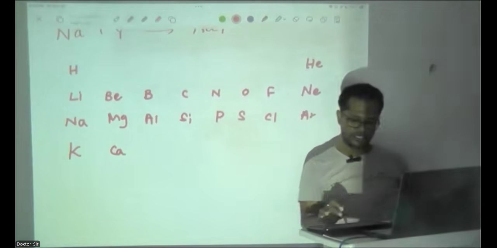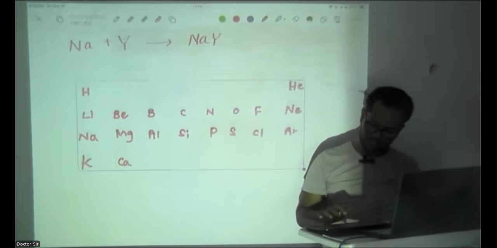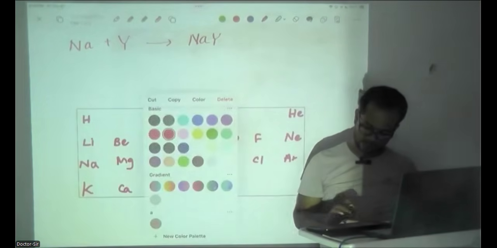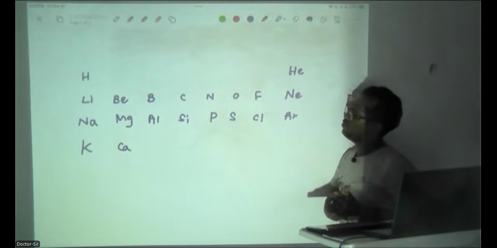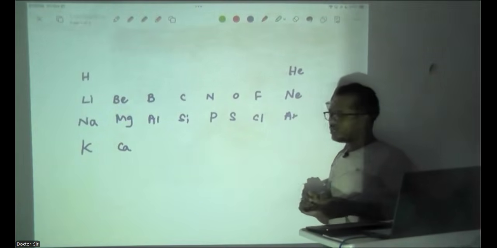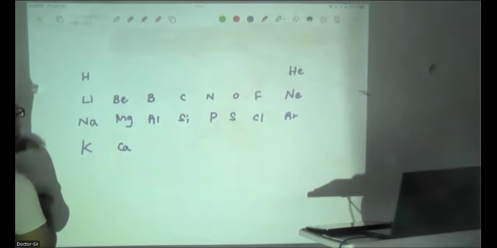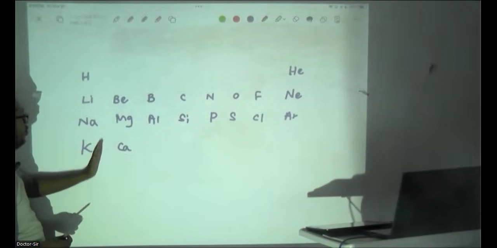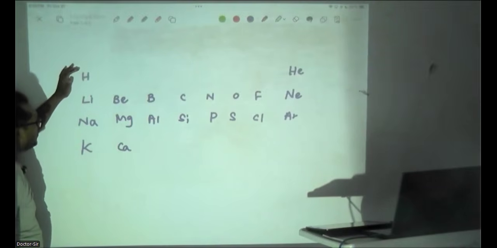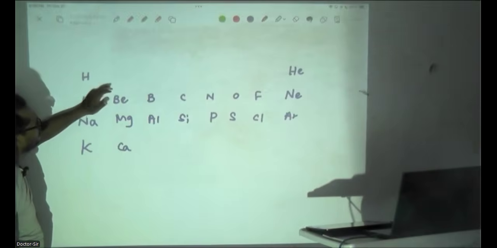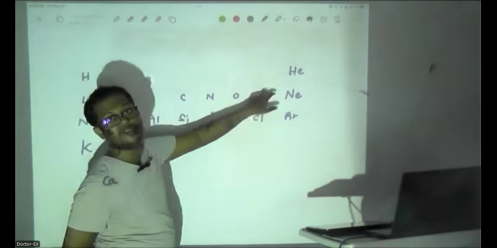Now look at this periodic table. This is the structure. Now think about the valencies, how we can put the valencies. I already told you these are the groups. We can label these groups 1, 2, 3, 4, then again 3, 2, 1, 0.